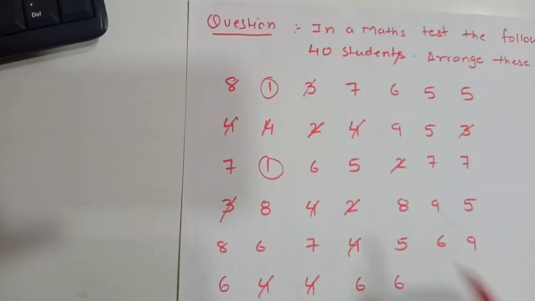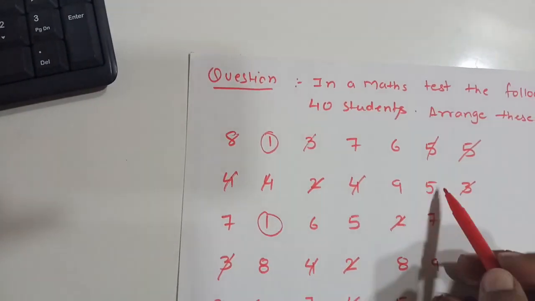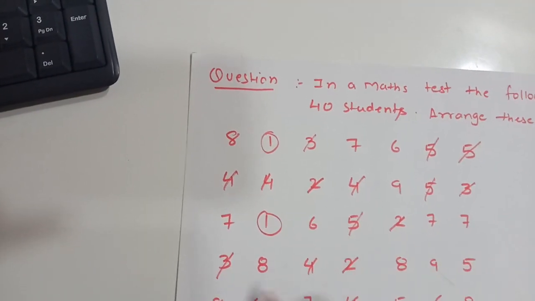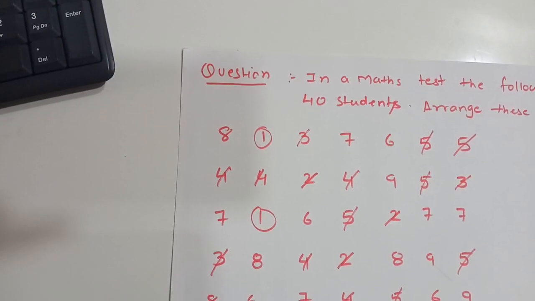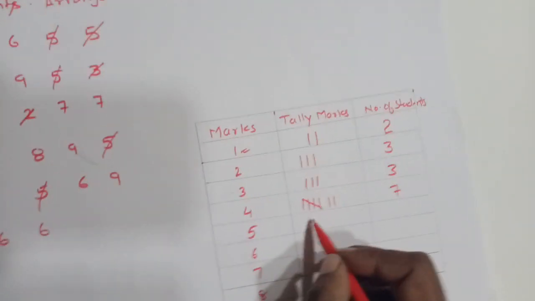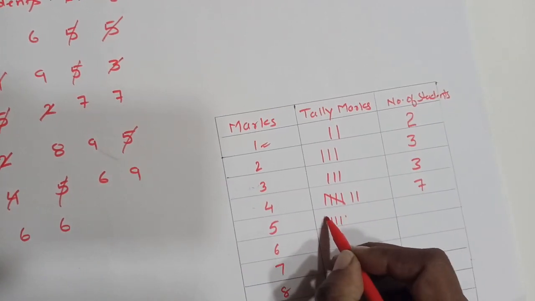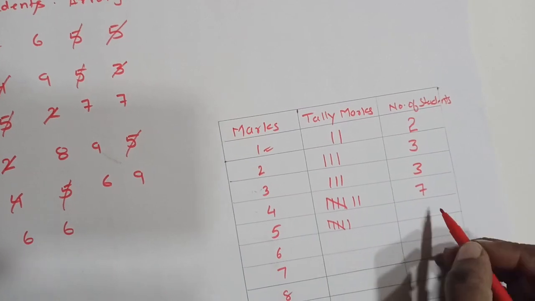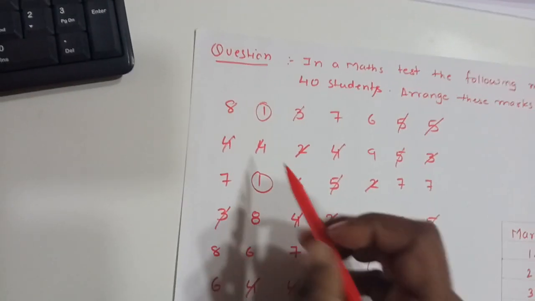Let's see how many students have obtained 5 marks. So we see 1 2 3 4 5 6. So there are 6 students who have obtained 5 marks. So 1 2 3 4 5, and then this is 6. अब 6 mark कितने बच्चों के आए हैं?